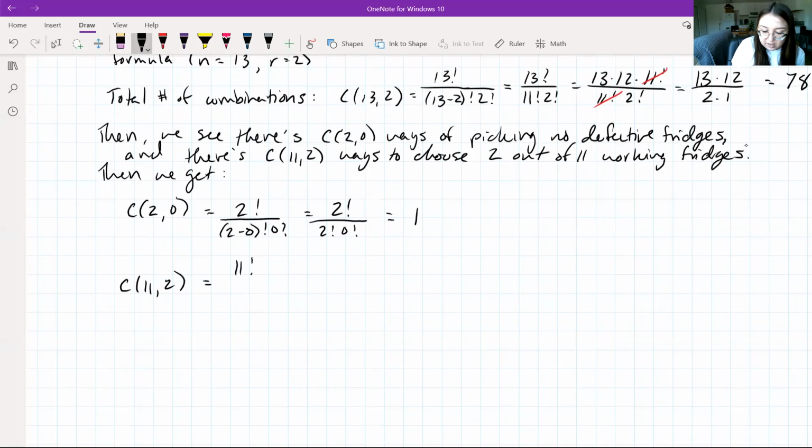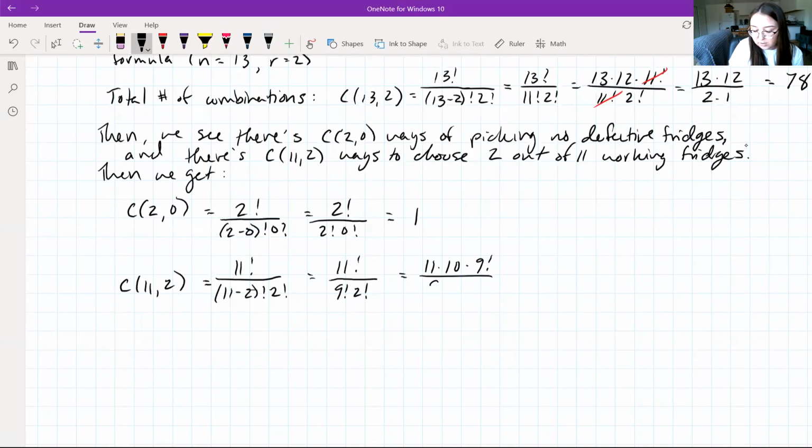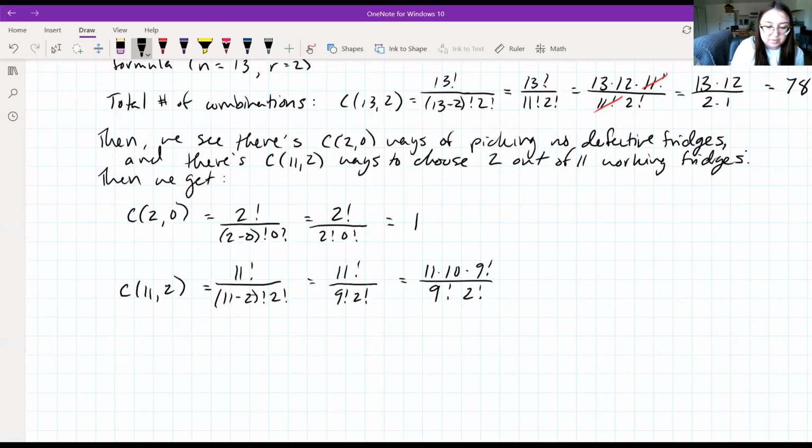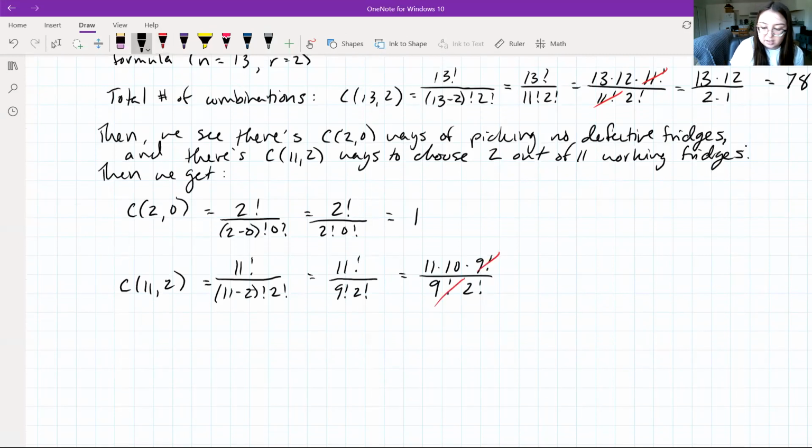So we have 11 factorial divided by 11 minus 2 factorial times 2 factorial, which is 11 factorial divided by 9 factorial times 2 factorial. Writing this out, it's 11 times 10 times 9 factorial over 9 factorial times 2 factorial. The 9 factorials cancel, and we get 11 times 10 divided by 2 times 1. This gives us 55.